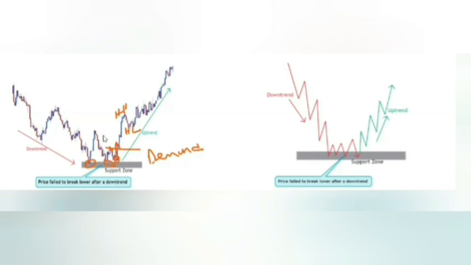This is a new higher low which has been formed. So the structure has really changed to a bullish market structure, or an uptrend from a downtrend. You would look for such confirmations at the support zone for you to be able to buy.